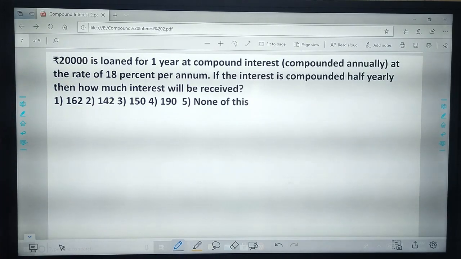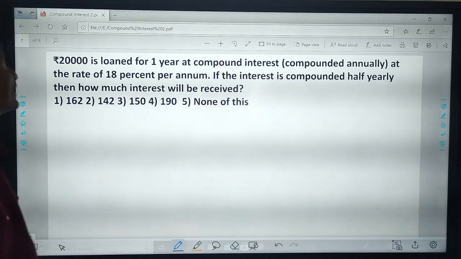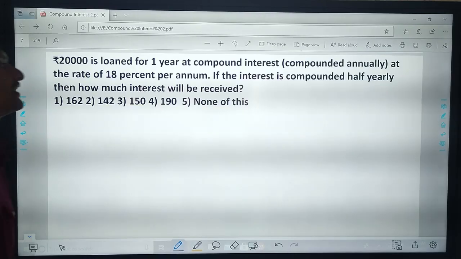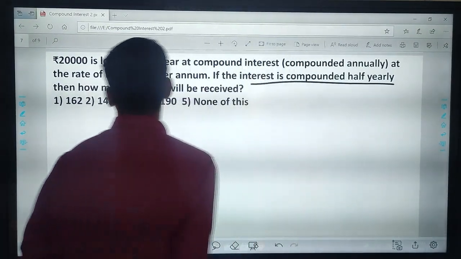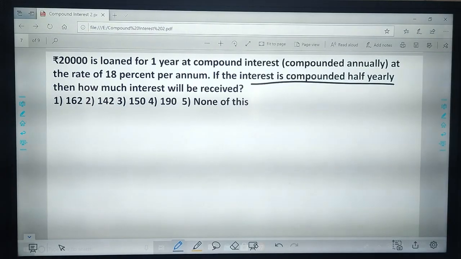20,000 is lent for 1 year at compound interest, compounded annually at the rate of 18% per annum. If the interest is compounded half yearly, then how much more interest will be received?